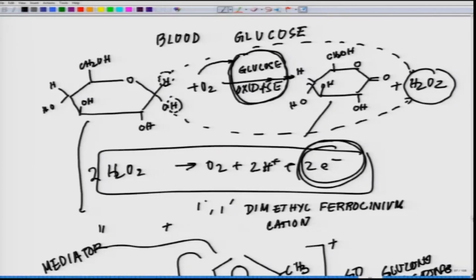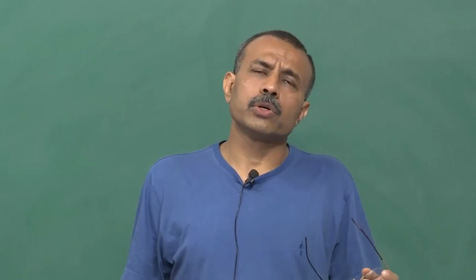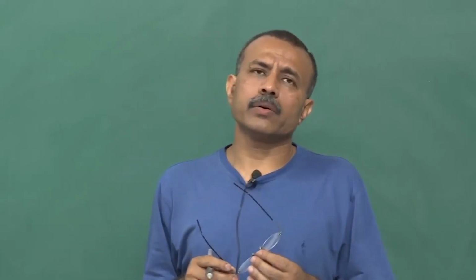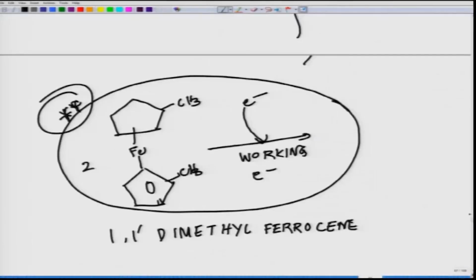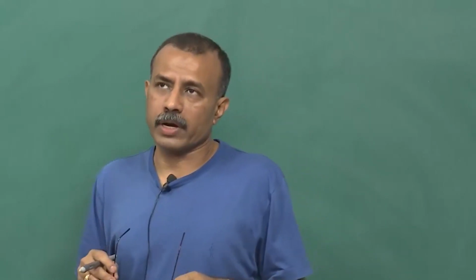Similarly, here we realized that glucose oxidase needs a coating of oxygen on top of it to work. If there is lower oxygen, it will show low glucose, which is not true. So, instead of oxygen, we picked a mediator in the form of dimethylferrocenium cation, which becomes dimethylferrocene, and then on a working electrode is transformed back to dimethylferrocenium cation.